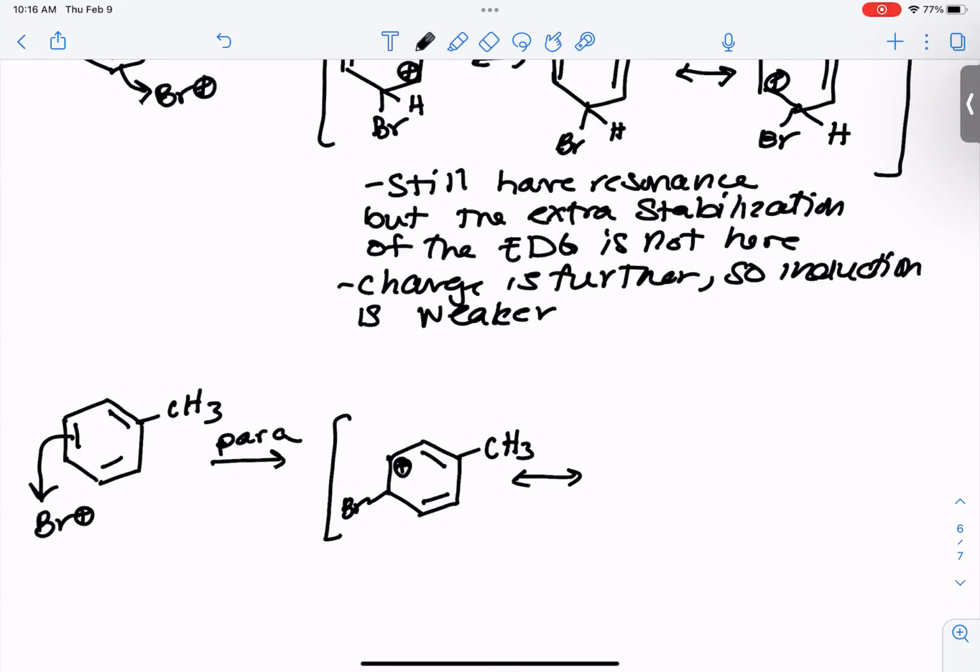All right. So we can see that the charge again is close to that electron donating group.